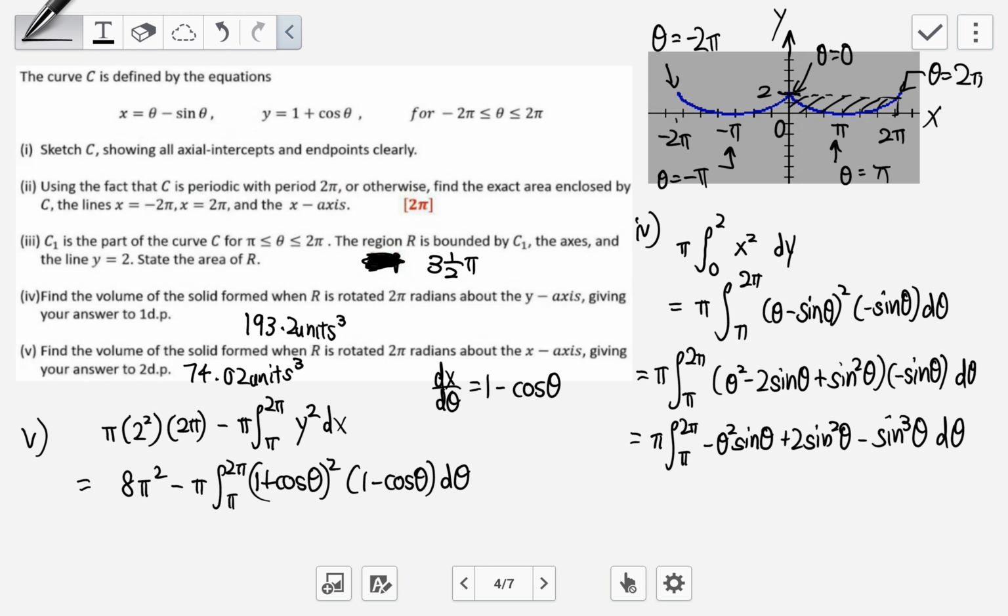Minus theta squared sine theta, 2 sine squared theta minus 3 sine cubed theta minus sine cubed theta. Give me a minute. I write down this expression somewhere, then I'll show you how to use the graphic calculator to do this.